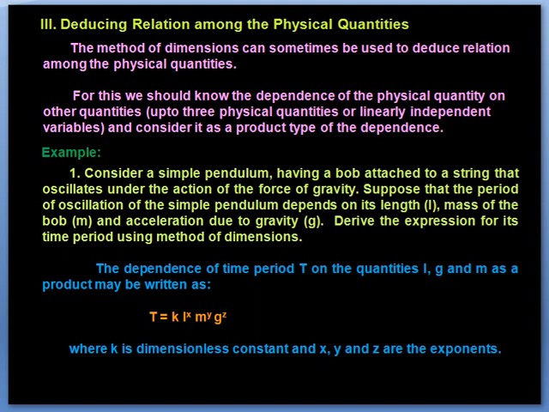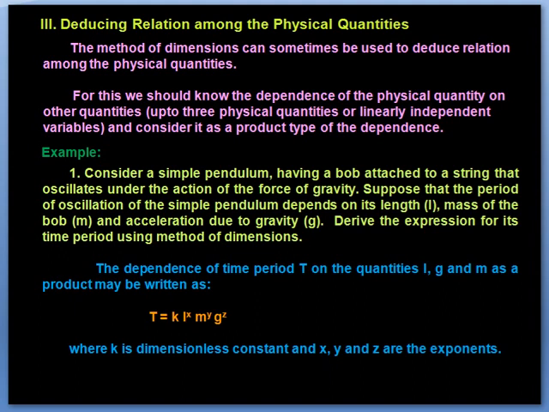For this we should know the dependence of the physical quantity on other quantities. Up to 3 physical quantities can be linearly independent variables. Consider it as a product type of dependence.